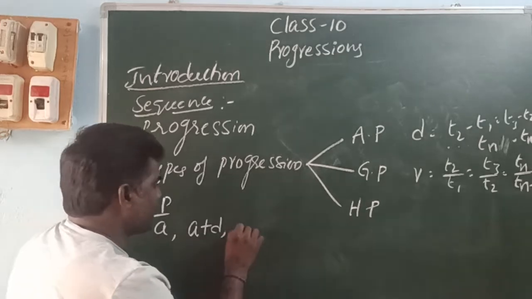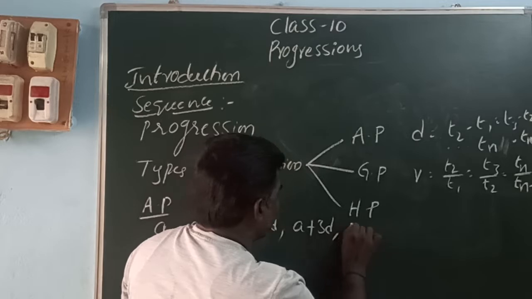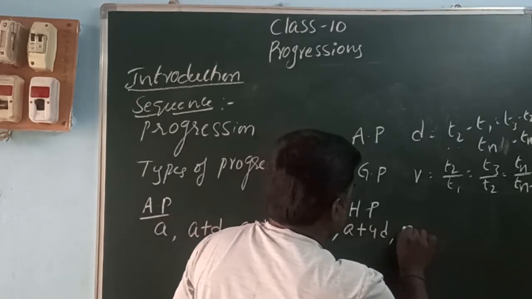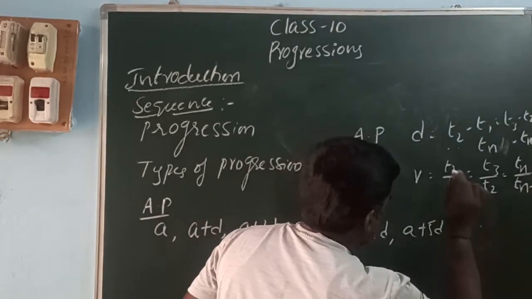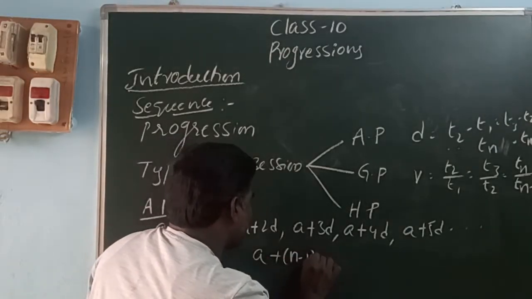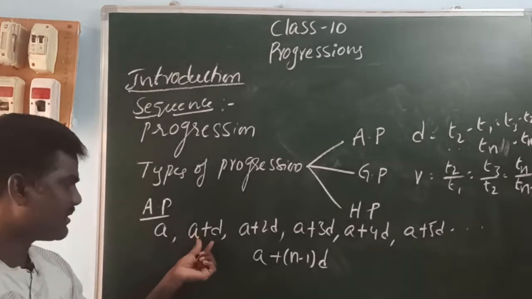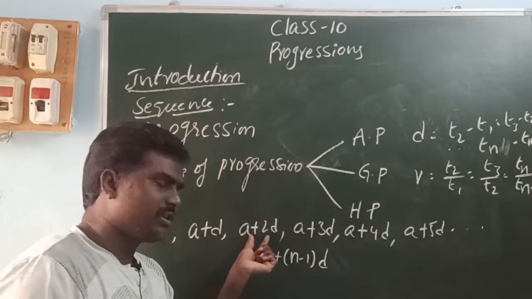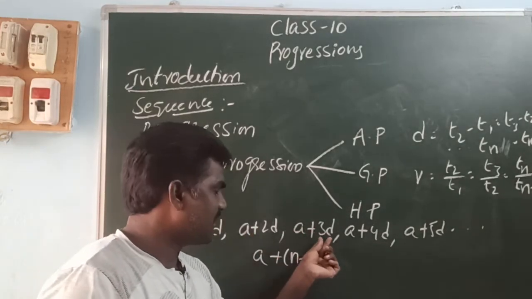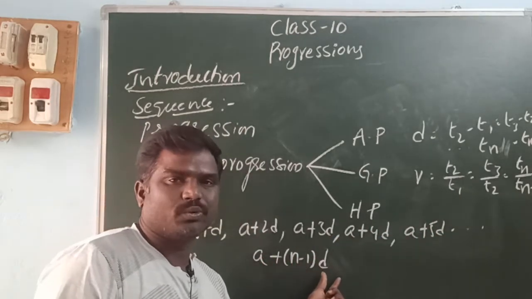Next A plus 2D, A plus 3D, A plus 4D, A plus 5D and so on. So its nth term is A plus n minus 1 into D. First term is A, second term is A plus D, third term is A plus 2D, fourth term is A plus 3D and so on. The nth term is A plus n minus 1 into D.